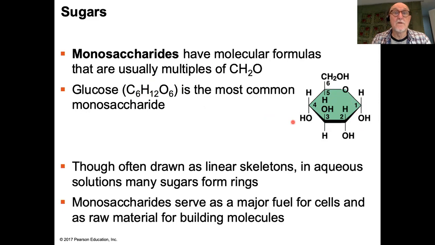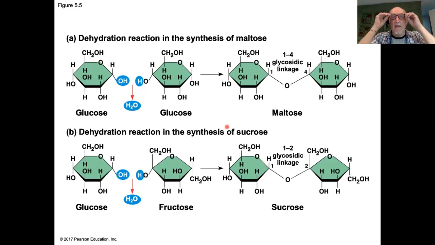And this glucose, and similar monosaccharides, are the monomers of much larger molecules that can be built from them. They are built in exactly the way that we described before. Here's a glucose molecule, here is another one. I can join these together with a dehydration reaction.